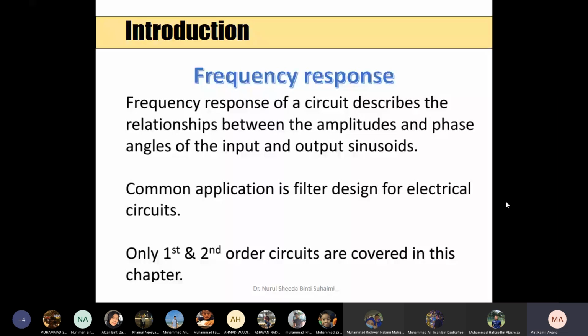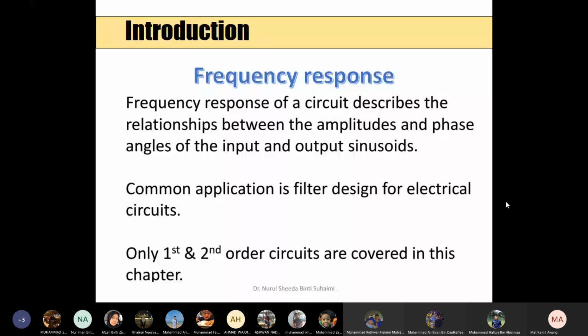A common application is, for example, in filtering, or filter design for electrical circuits. That is a simple example. Another example is control systems, a control transfer function. You have a signal in and you do something, a control transfer function, and the output.